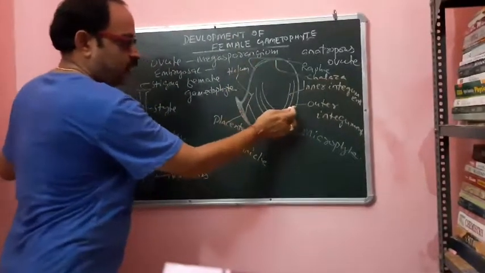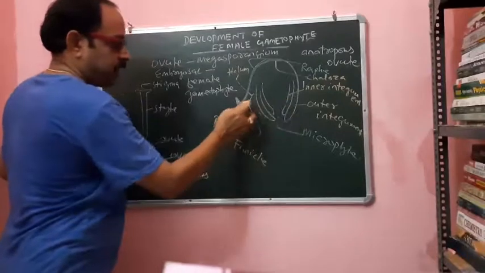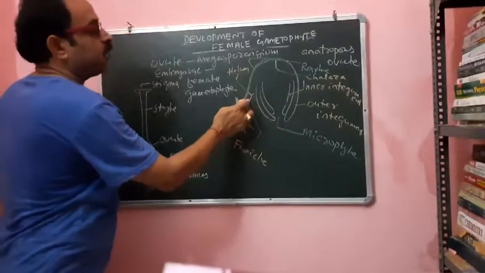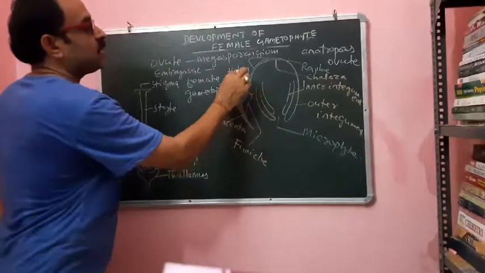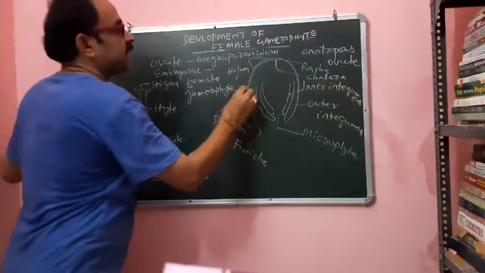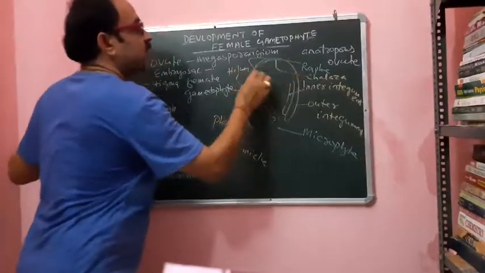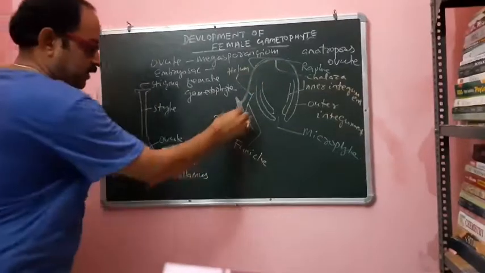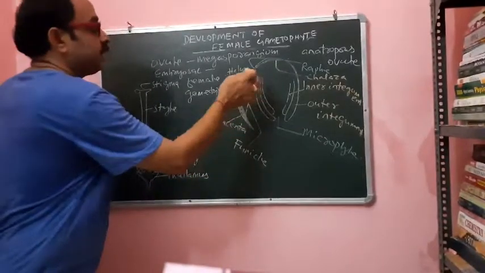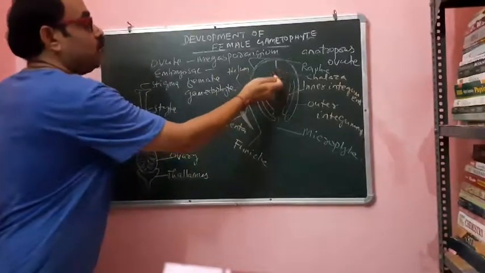This is outer integument, this is inner integument. This is funicle, and the funicle and body part attach point is called hilum, and the extension of funicle to the body part is called raphe. And this is placenta, at which the ovule is attached.